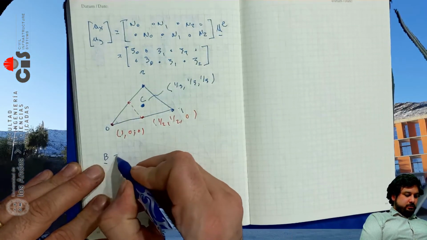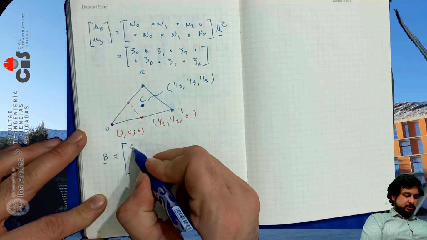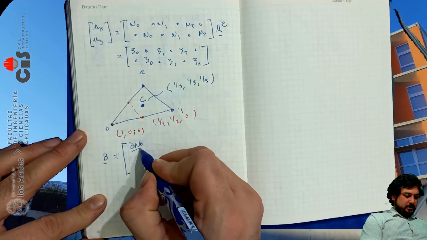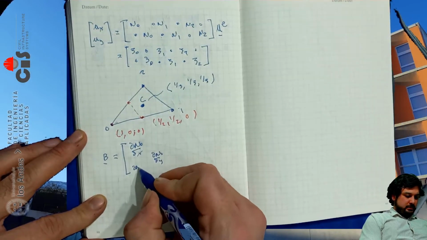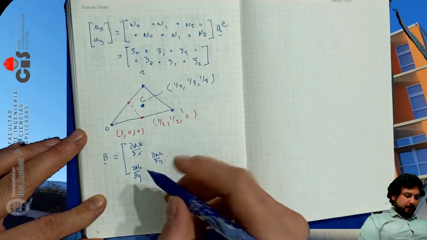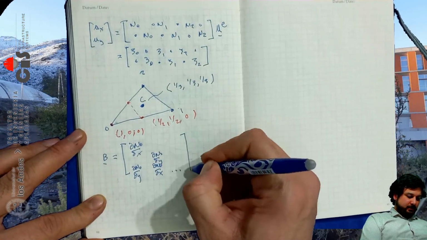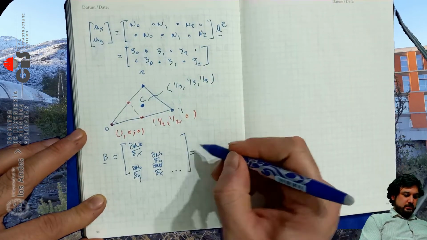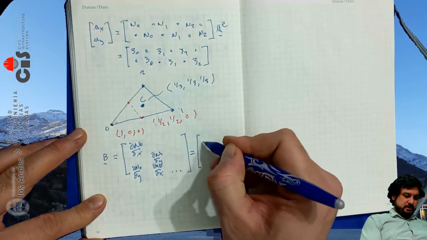In order to write down the B matrix, remember it has this structure: the N0 dx, the N0 dy, the N0 dy, the N0 dx, and so on. The N0s are the triangular coordinates over here, so I'm going to replace that into this.